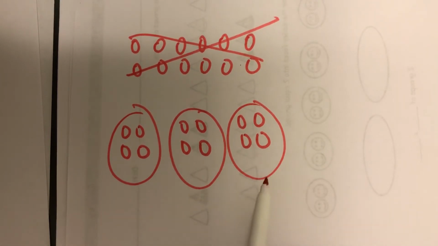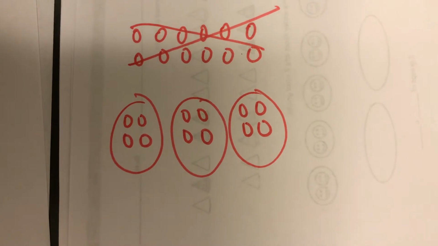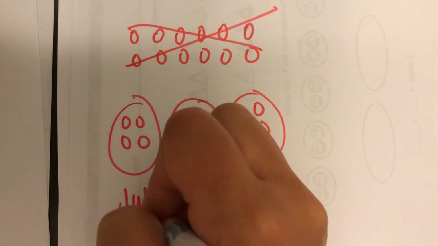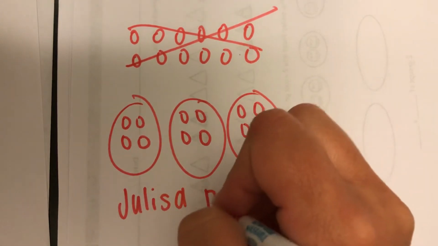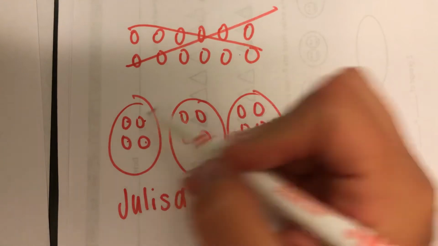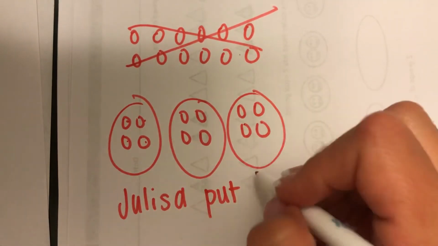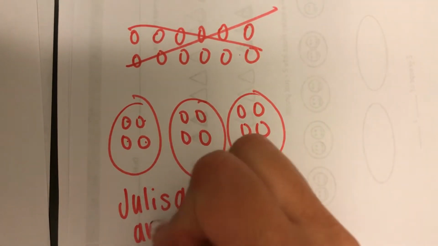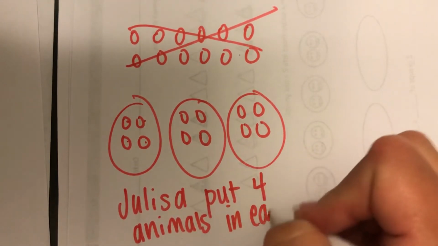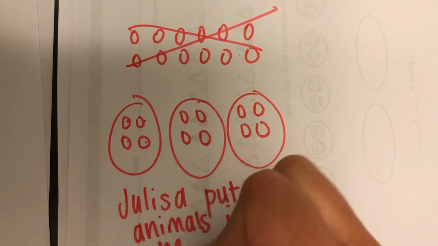That's exactly what we did. All right, and so you're going to complete the sentence that Jalissa put how many in each of the baskets? 1, 2, 3, 4. All of them have 4, right? So she put 4 animals in each basket.